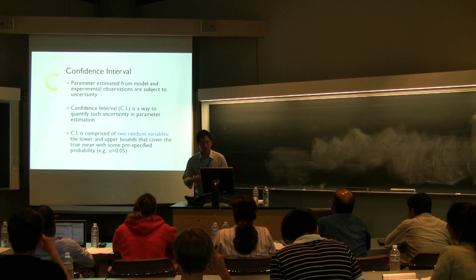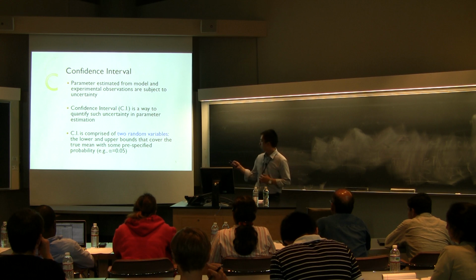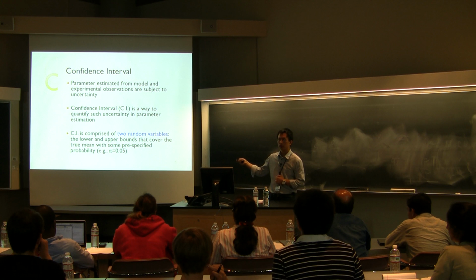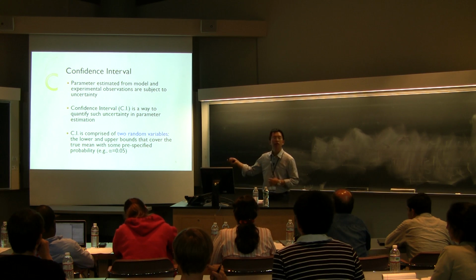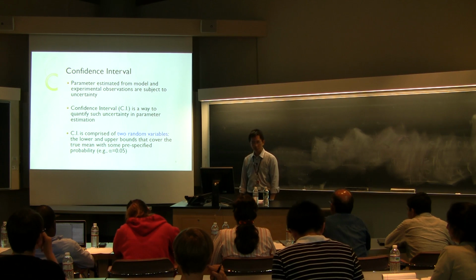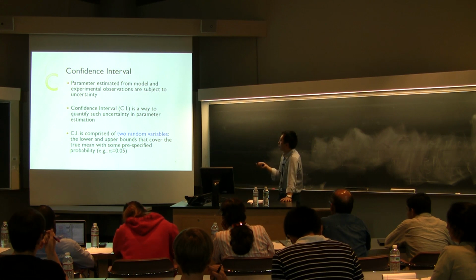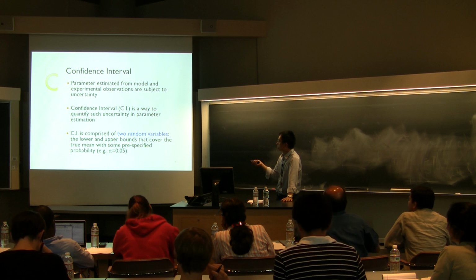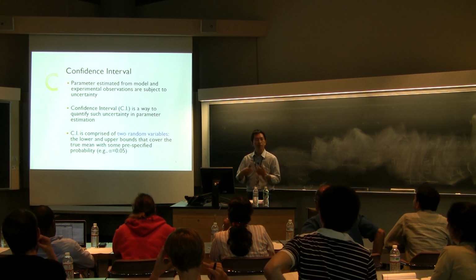First I want to go over the basic idea and concept of the counting rule. The counting rule itself is comprised of two random variables, okay? It's not just a single random variable. One is the lower bound, another is the upper bound. So when we talk about the random counting rule, you have two values to determine. Also, this lower bound and upper bound are expected to cover the true mean with some given probability, okay?